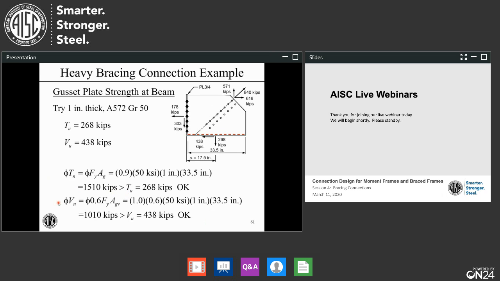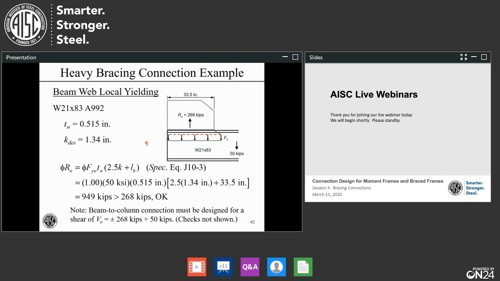Same with the shear yield strength from section J4, which is 1,010 kips, and that exceeds the 438 kips, and it's okay. Notice there's a tension and shear interaction equation in part 9. If you're pushing both of those at the same time, you should probably go check it also, near the first of part 9 of the manual. Usually it doesn't matter much, and certainly wouldn't matter here.